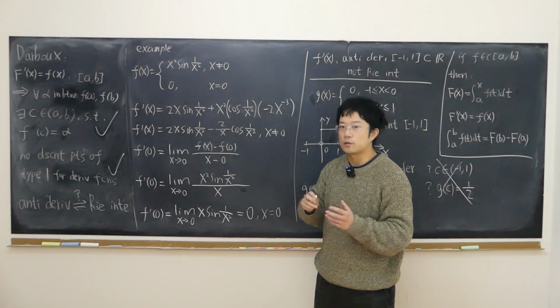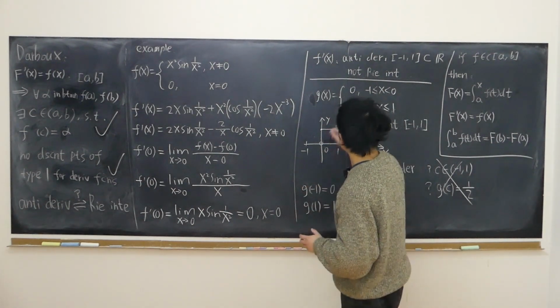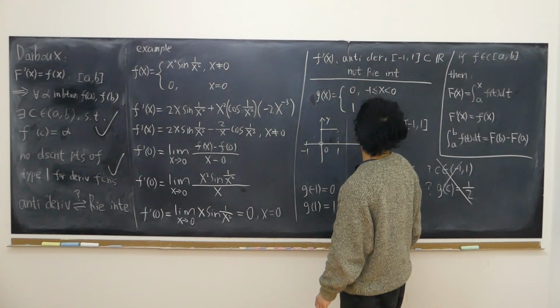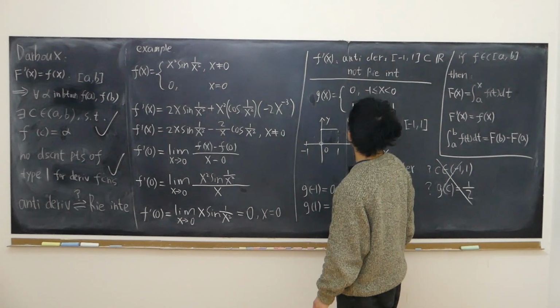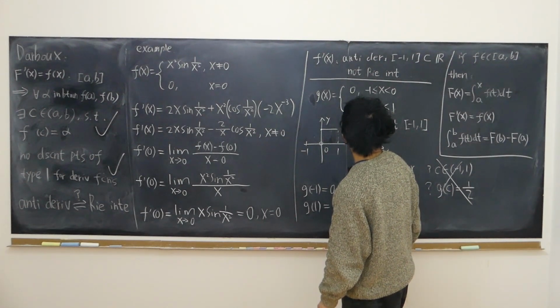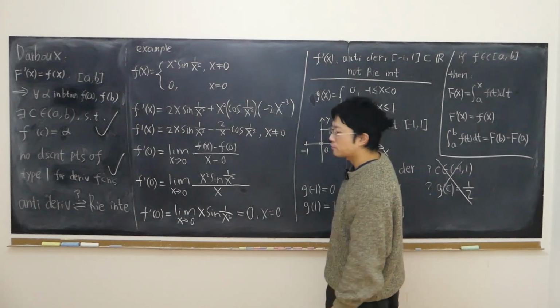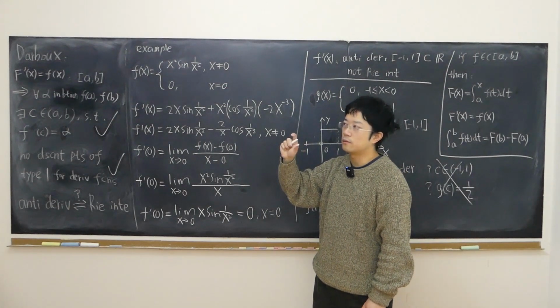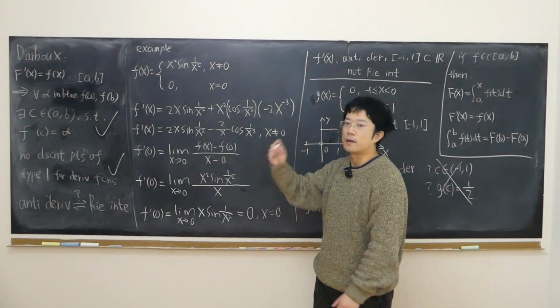But that's a totally different story. I'm talking about proper Riemann integral, which I will also prove in the future: if a function is Riemann integrable over some closed interval, then it has to be bounded everywhere over that closed interval.